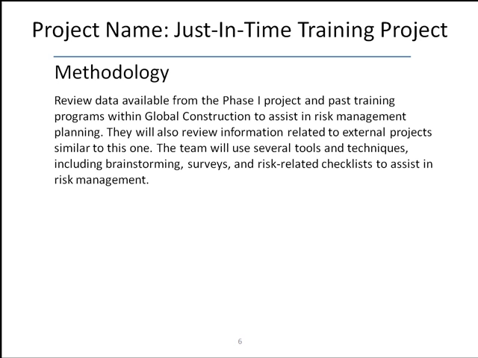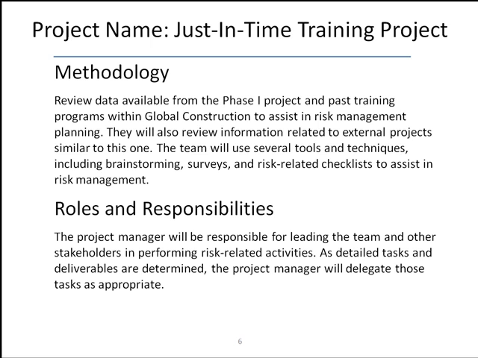In the methodology, the project team will review data available from the phase 1 of the project. That's the one that was assumed from the book. They'll review information related to the external projects to this one. The team will use several tools and techniques, including brainstorming, surveys, and risk-related checklists, to assist in risk management. In other words, you need to identify the method that you're going to use to predict your risk for your project.